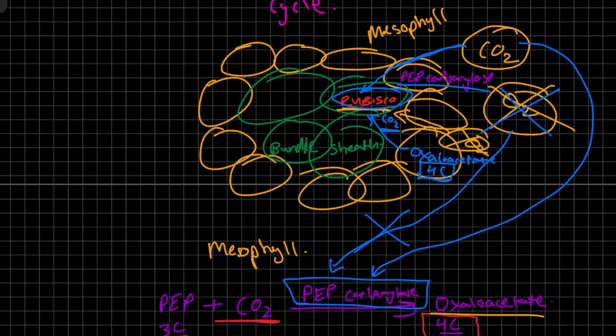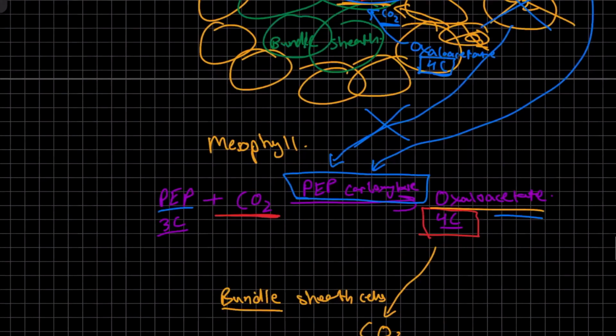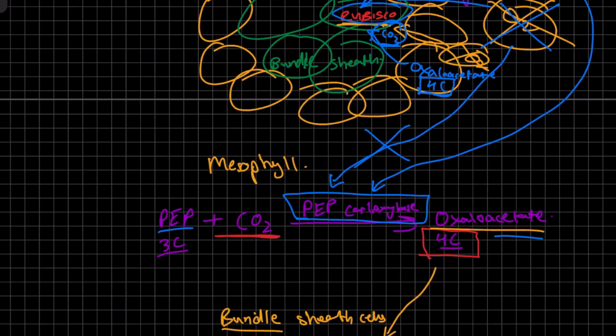So once again, in our mesophyll cells, our PEP carboxylase, which only binds carbon dioxide and not oxygen, will join carbon dioxide to PEP to produce oxaloacetate. This oxaloacetate will then undergo some transformations to produce carbon dioxide, which can then be accessed by our bundle sheath cells.